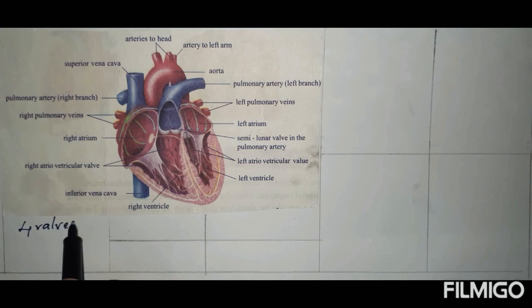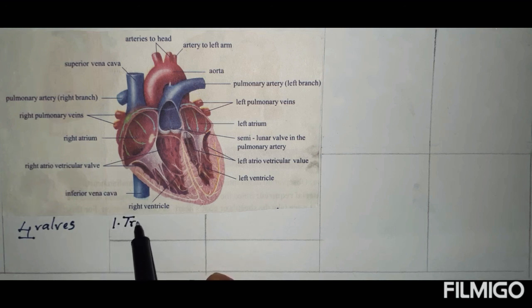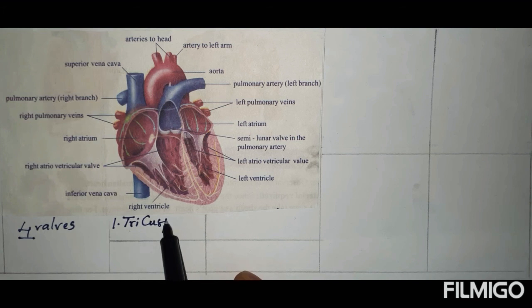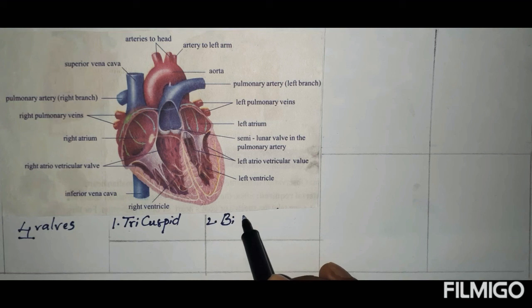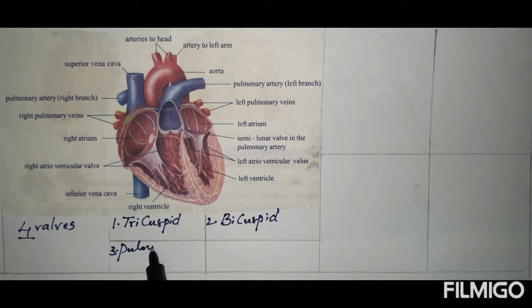They are: the first one, tricuspid valve, the second one, bicuspid valve, the third one, pulmonary valve, and the last, aortic valve, which is also known as systemic valve.